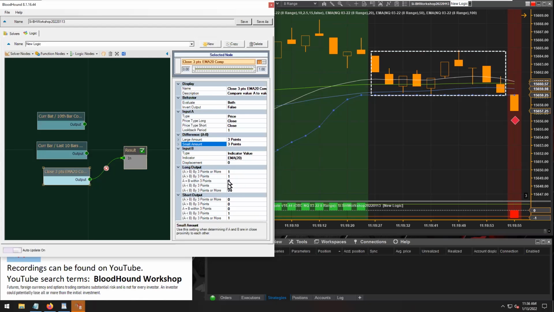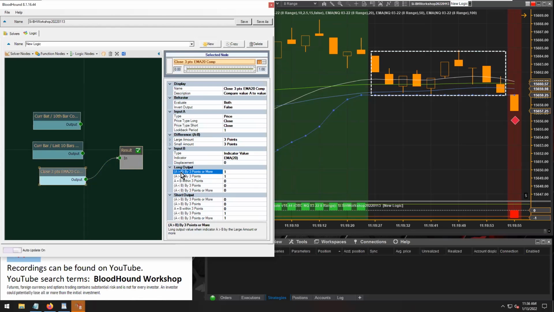So the key here is to get your outputs set correctly, and the default is already set up correctly here. So we can see if A is greater than B, or basically A above B by 3 points or more, we're going to get an output. All right, so if the closing price is 3 points above the EMA 20, we're going to get a long output.